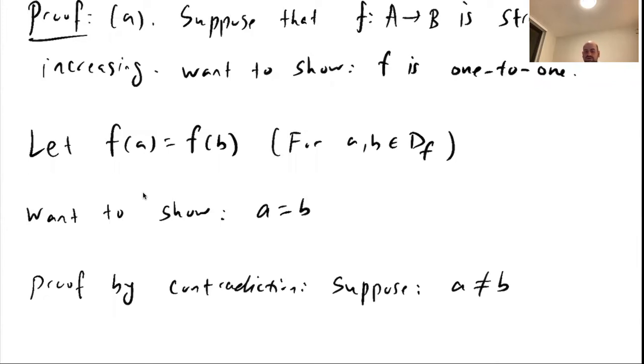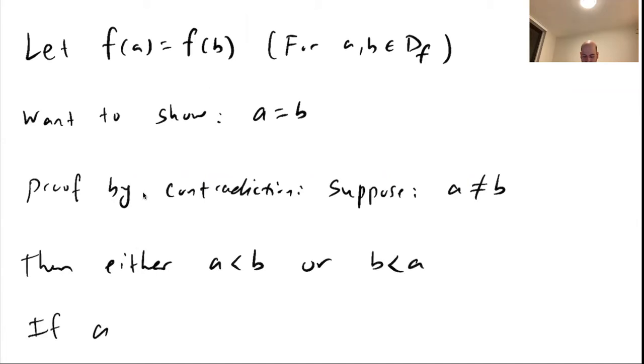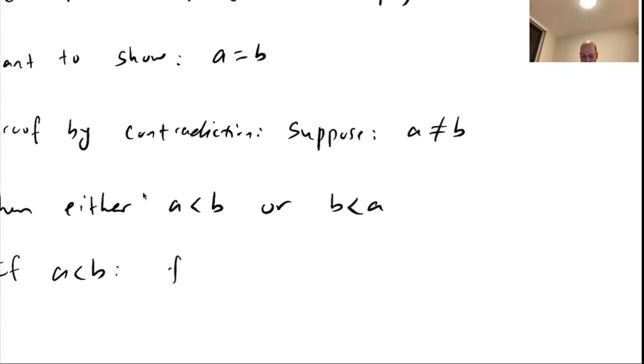Either the first number is smaller than the second one, or the first number is bigger than the second one. Then either a less than b or b is less than a. Now, if a is less than b, then f of a is less than f of b.